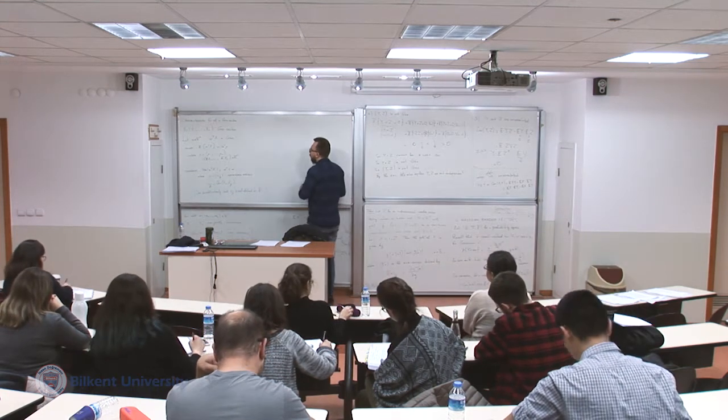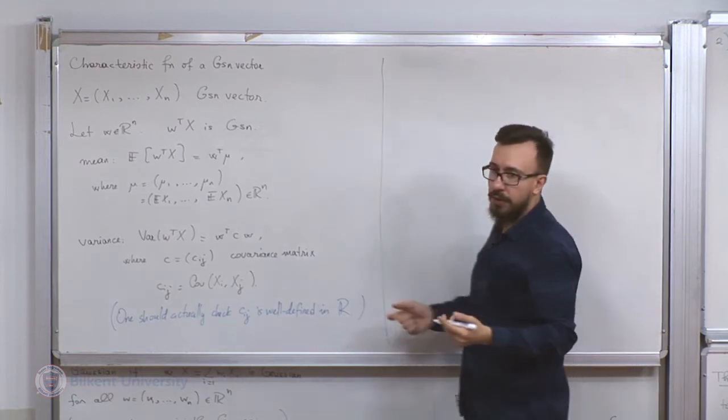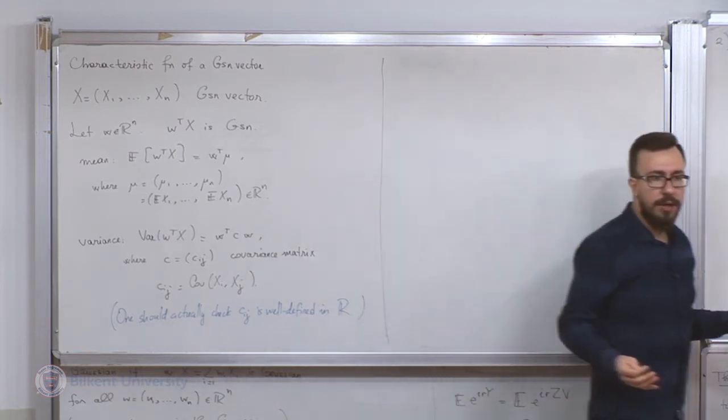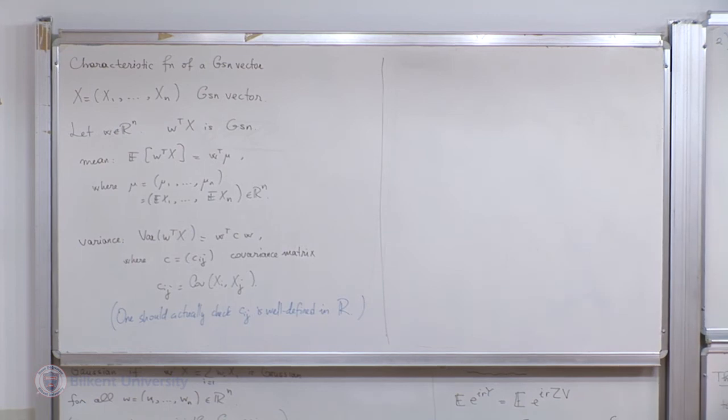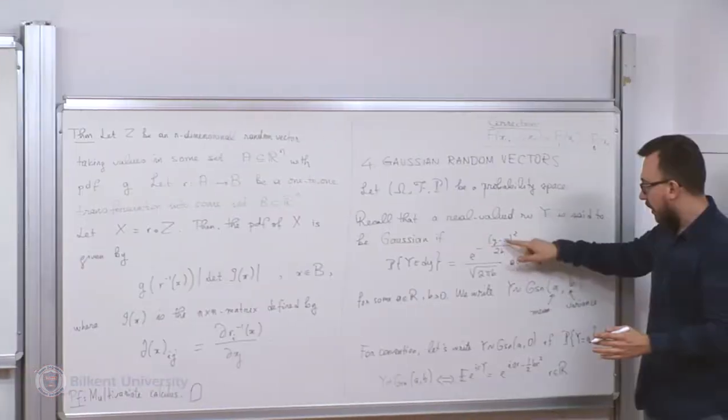Anyway, why did I look at mean and variance? Because W transpose X is a Gaussian random variable. So to specify its distribution, all you need is the mean and the variance, right?